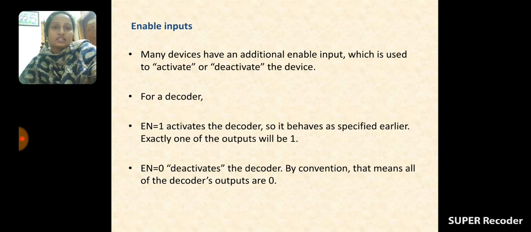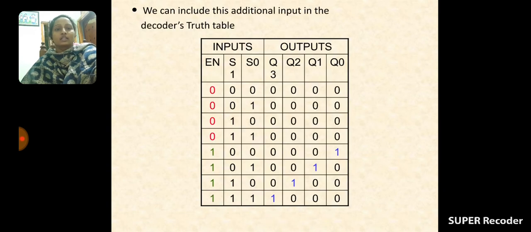See here, enable equal to 1 will activate the decoder, so it behaves like a decoder and produces the output. If enable is equal to 0, it deactivates the circuit and the outputs are 0 even though the inputs are present. See, this is the truth table.